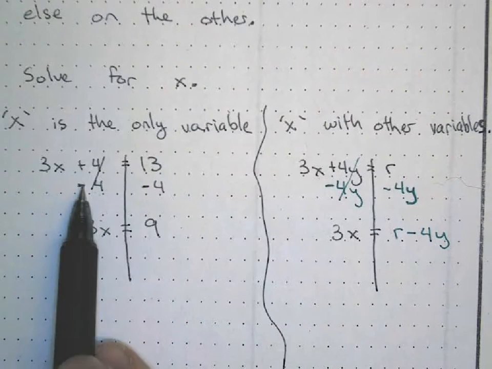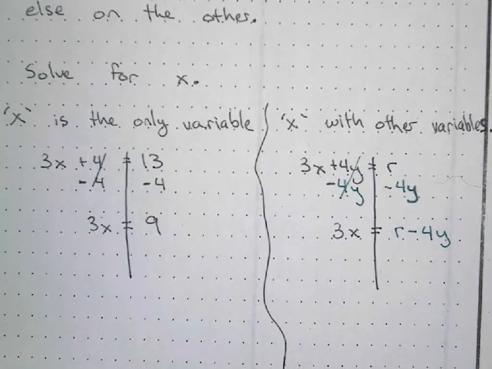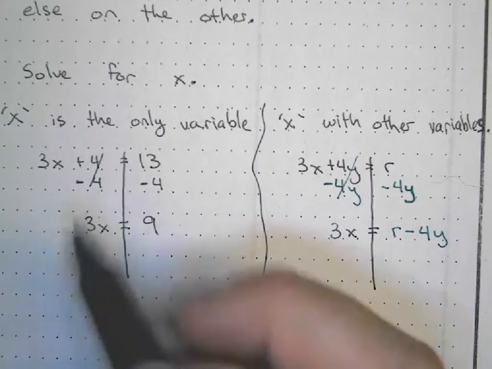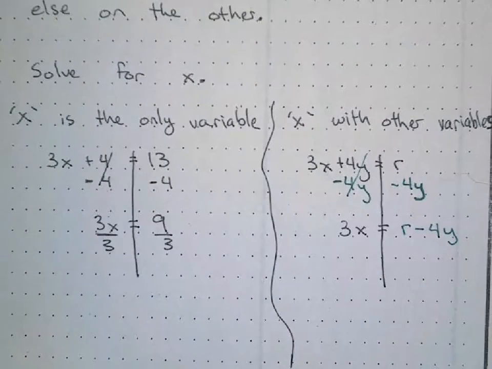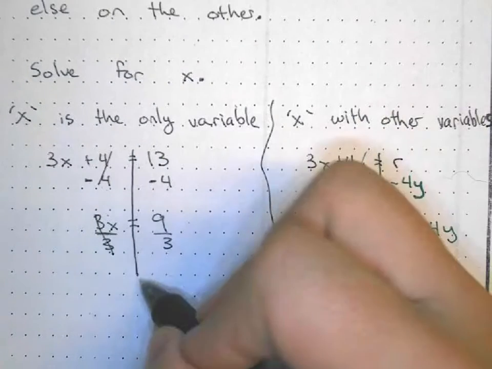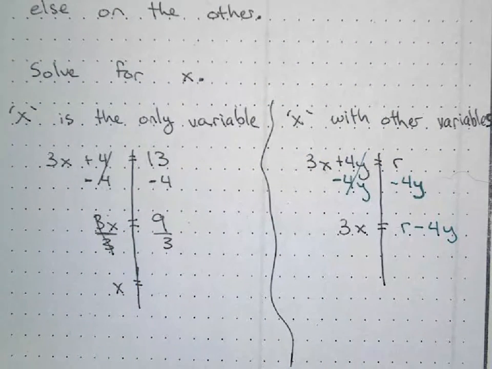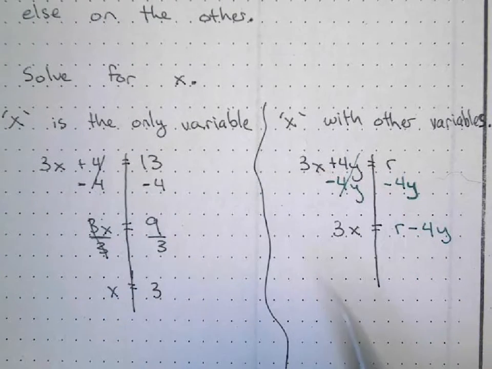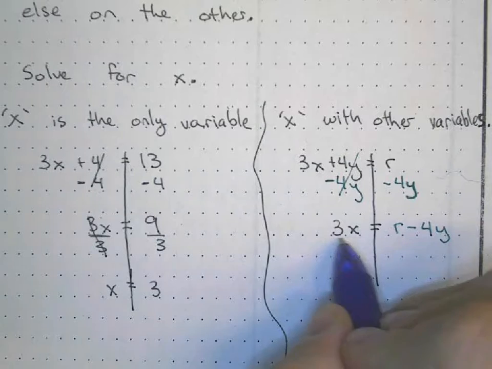So the steps were quite similar. I had to get rid of an addition, so I used subtraction. Now I need to get rid of multiplication, so I'm going to use division. On my left-hand side, I just divide both sides by 3. 3's cancel. Bring my x and my equal sign down. Simplifying 9 divided by 3, and we get 3. On my right-hand side, I'm going to do the same thing.